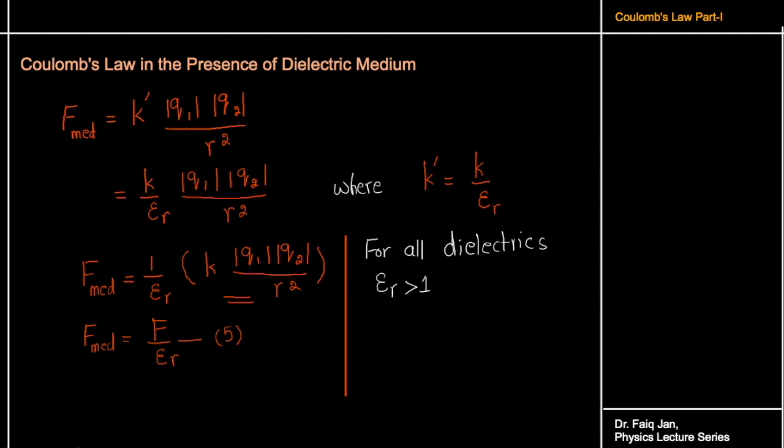So from equation 5 we can write F medium will always be less than F. And this can be easily understood from equation number 5, as the denominator epsilon r is greater than 1, then F medium will be lesser than F. F medium and F will be equal if epsilon r is equal to 1, which is the relative permittivity of air or vacuum.